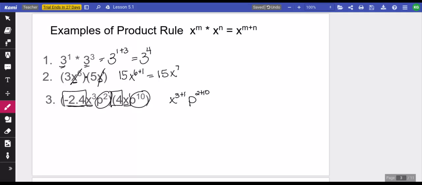Where's my calculator? There it is. Negative 2.4 times 4. Yeah, I was right. Negative 9.6. So then my final answer is negative 9.6, x to the 4th, p to the 12th.